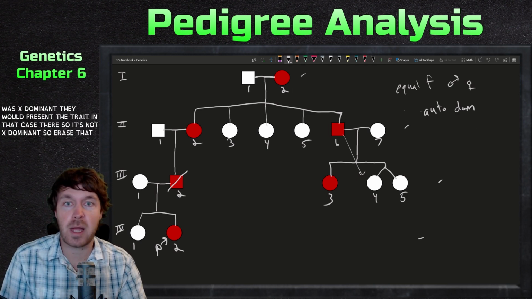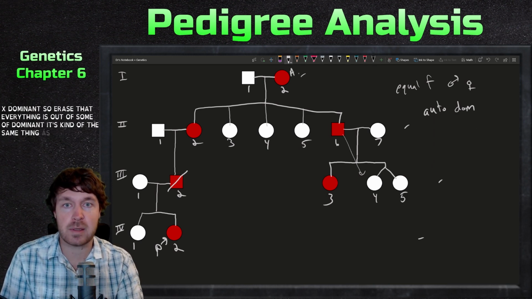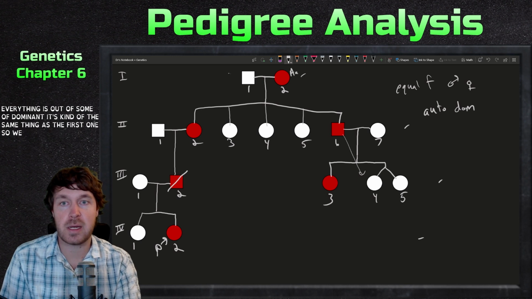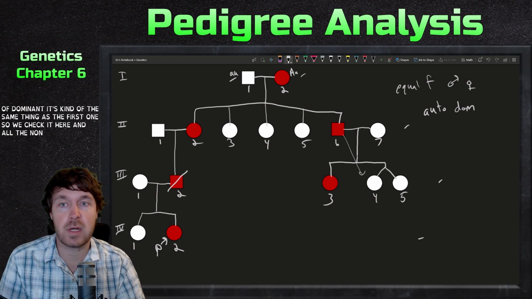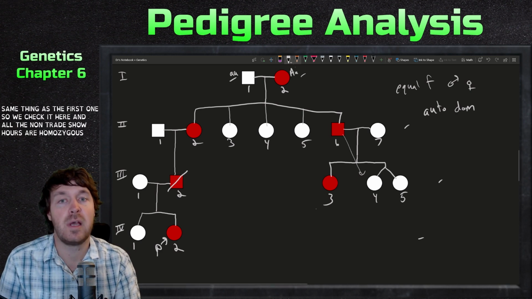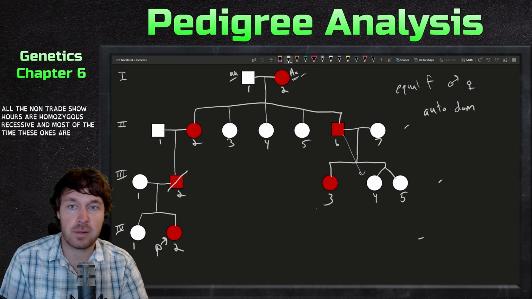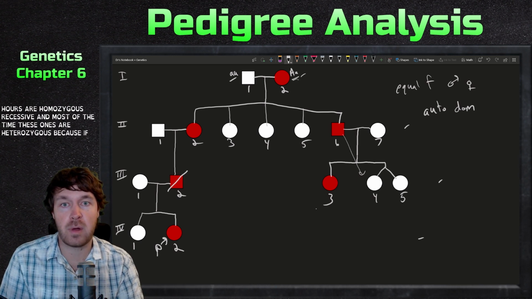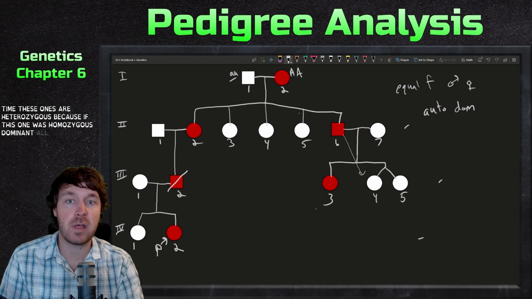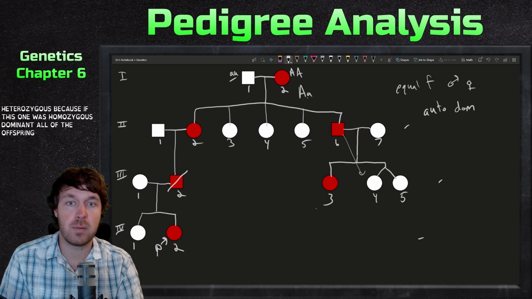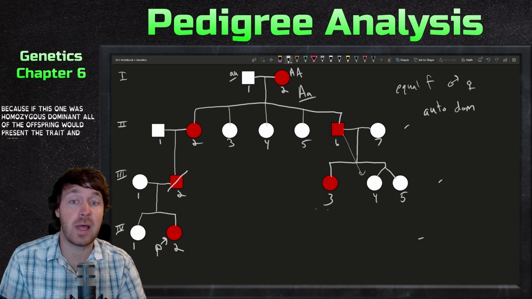So we think it's autosomal dominant, so it's kind of the same thing as the first one. So we check it here, and all of the non-trait showers are homozygous recessive, and most of the time these ones are heterozygous, because if this one was homozygous dominant, all of the offspring would present the trait, and we don't see that at all here.